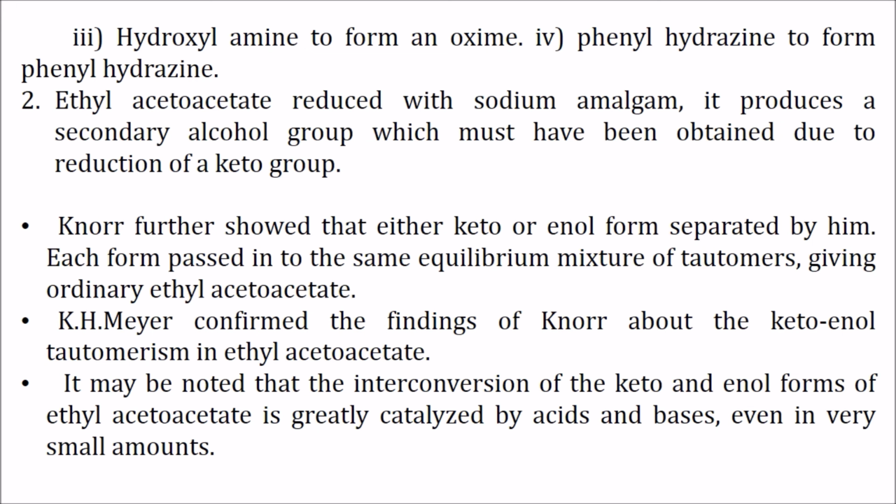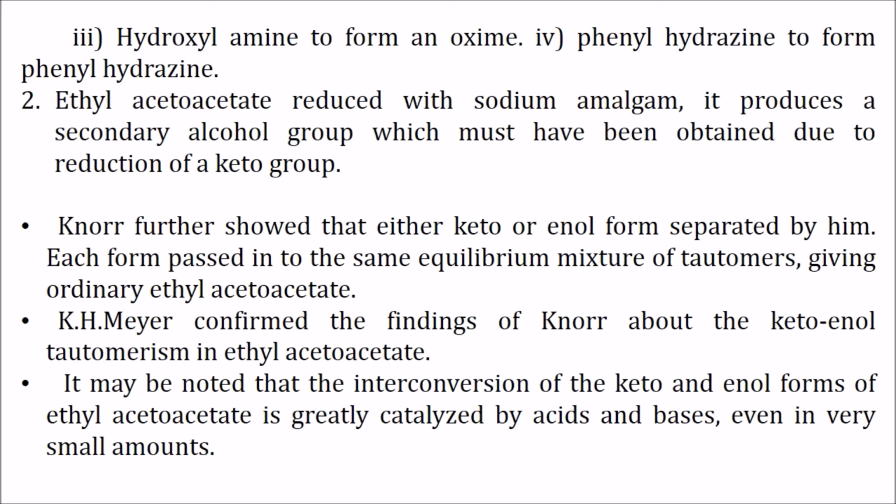Another reaction: ethyl acetoacetate reduced with sodium amalgam produces a secondary alcohol group, which must have been obtained due to the reduction of a keto group. Another scientist, Knorr, further showed that whether the keto or enol form is separated, each form passes into the same equilibrium mixture of tautomers, giving ordinary ethyl acetoacetate.